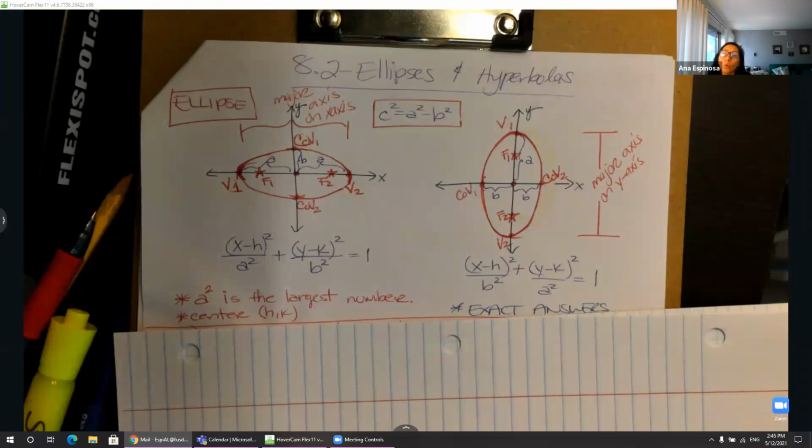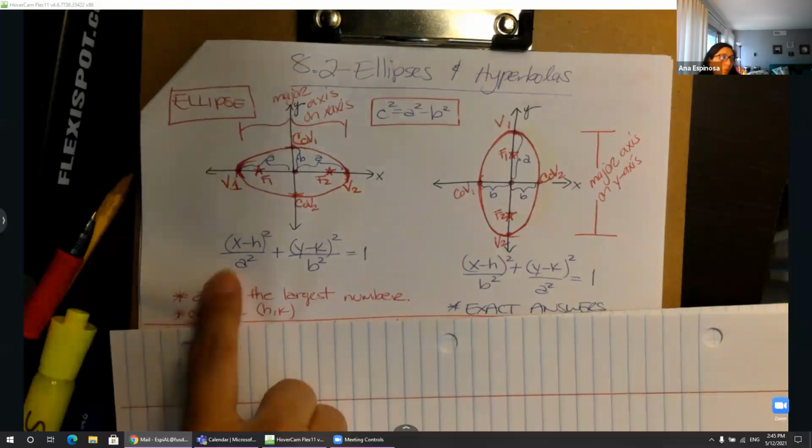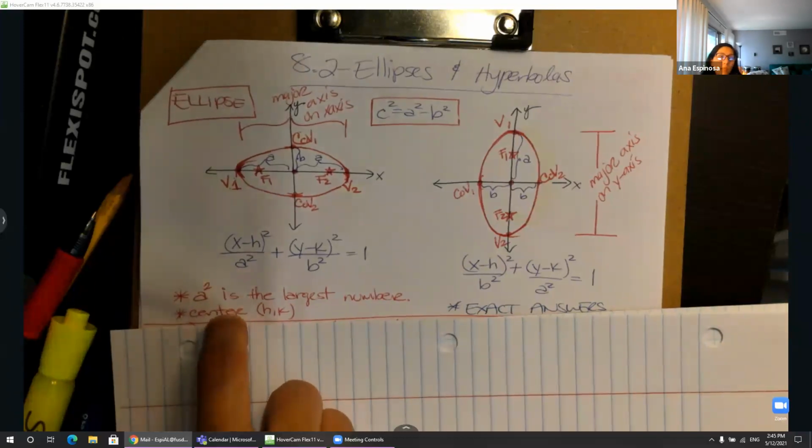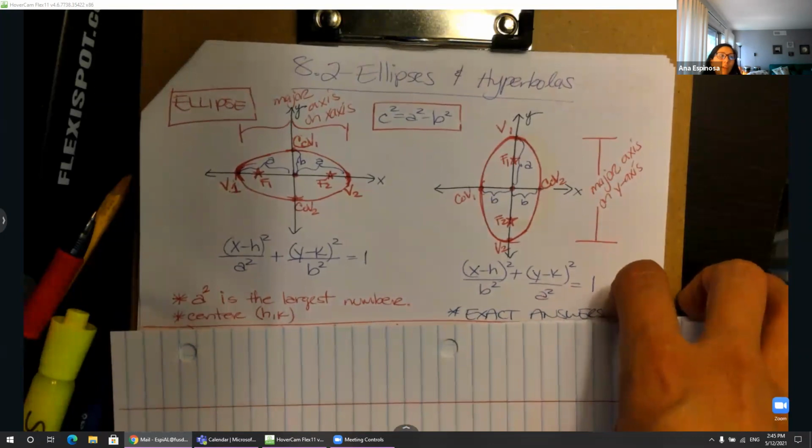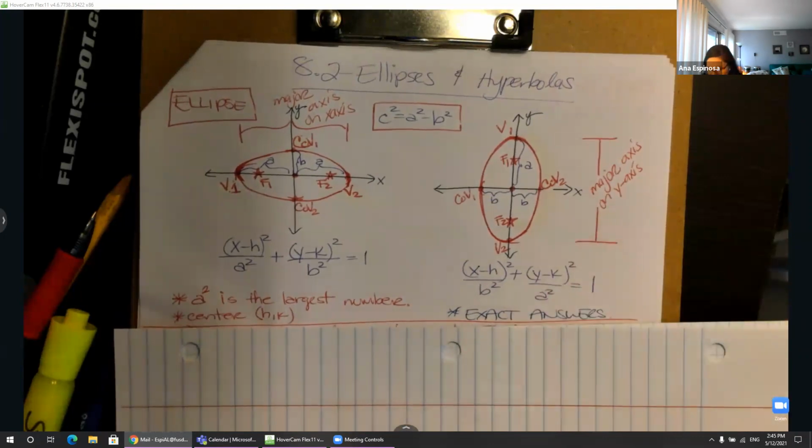You have to know who is A by these little rules and tricks that I have on here, which are the red ones. You always give exact answers. You should never, ever have decimal answers in the denominator in this section of ellipses and hyperbolas, okay?